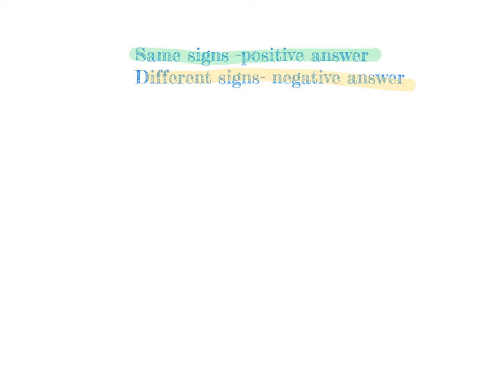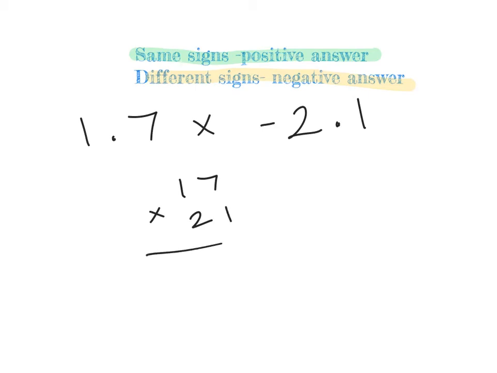So the first problem I'm going to focus on is 1.7 times negative 2.1. The easiest way to do this is to not even worry about the decimal until the very end. So I'm going to take those decimals out and I'm going to say 17 times 21. So I took the negative out and I took the decimal out.